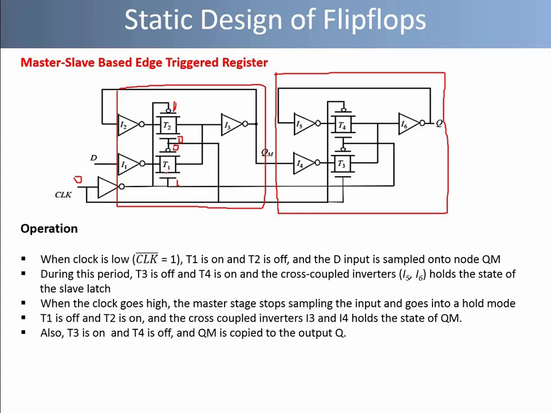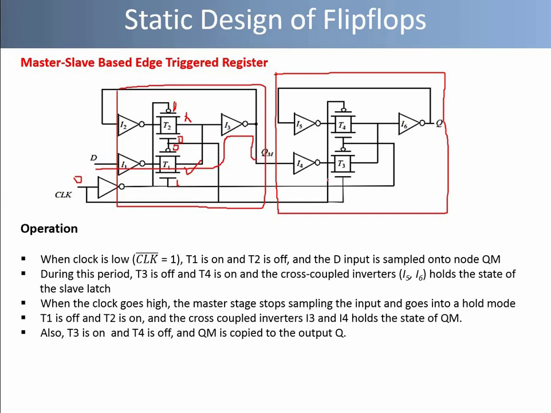So since the NMOS transistor of transmission gate T1 is connected to a binary logic 1 and its PMOS transistor is connected to binary logic 0, it means that the transmission gate T1 is turned on and T2 is turned off. As a result, the input D is copied to the node QM.